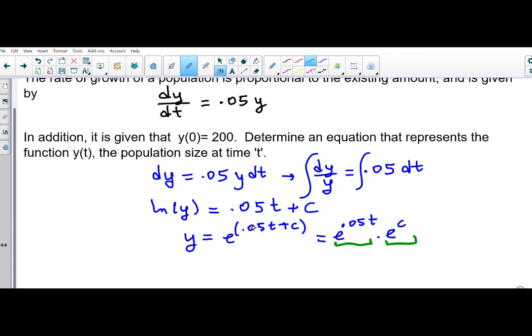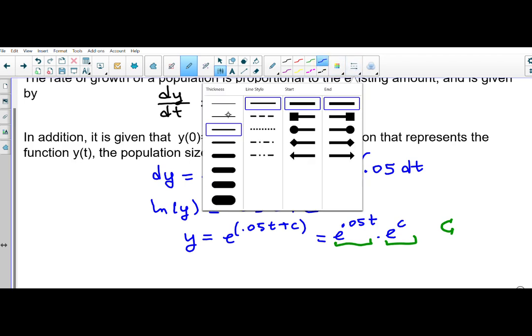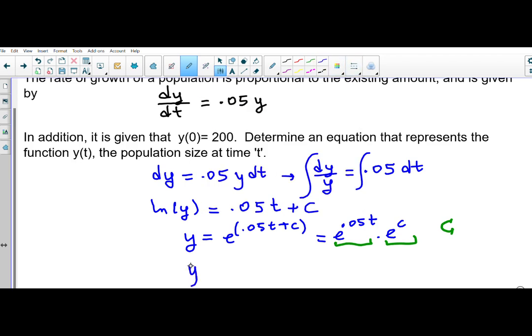And the reason we do that is because then we're going to call e to the c yet another constant. Let's say constant c. You could call it a capital C. The first one could be lowercase, just another constant. So we can then rewrite our quantity as y equals a constant times e to the 0.05 t.